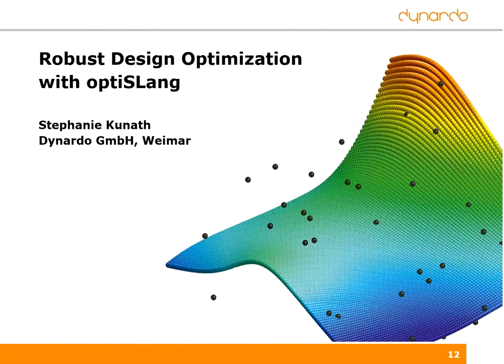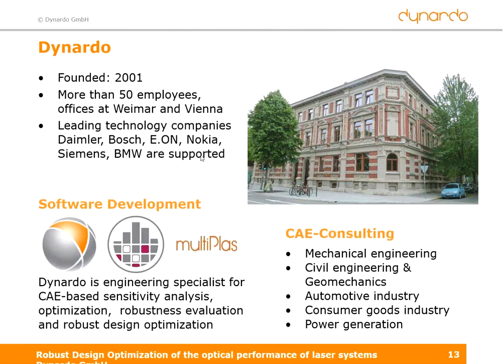So I'd like to show you now the basics of robust design optimization and some examples in optics, of course. Our company, Dynardo, was founded in 2001, and now we are 50 to 60 employees in Weimar and Vienna.